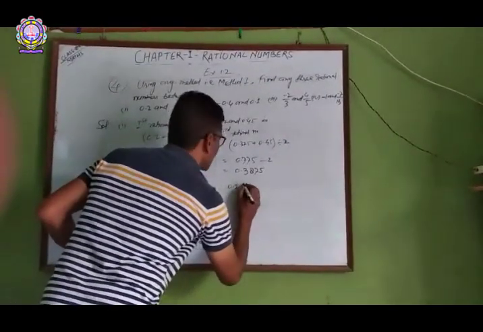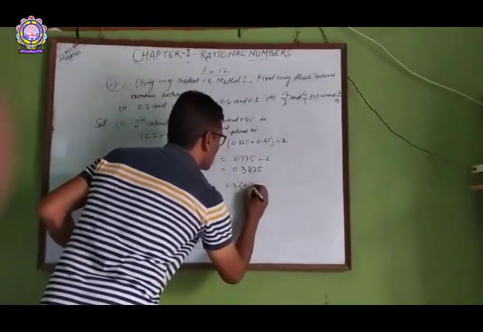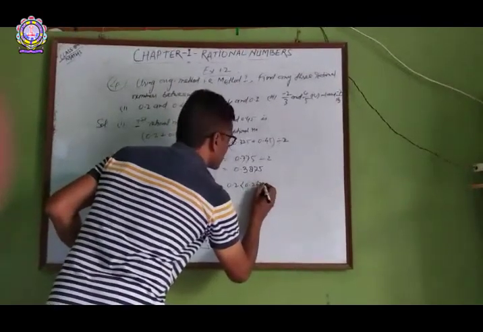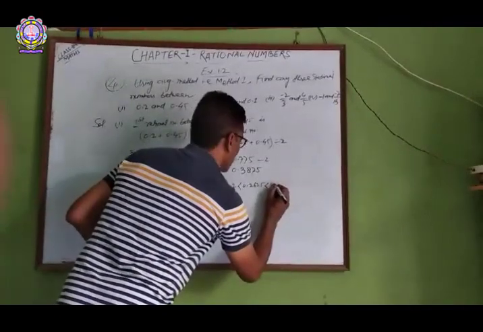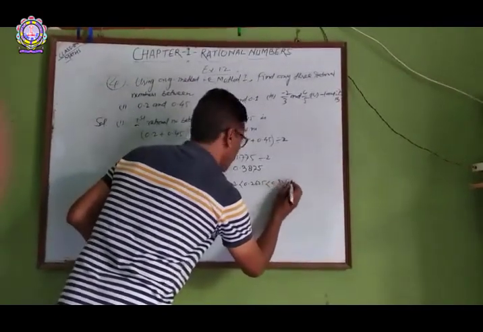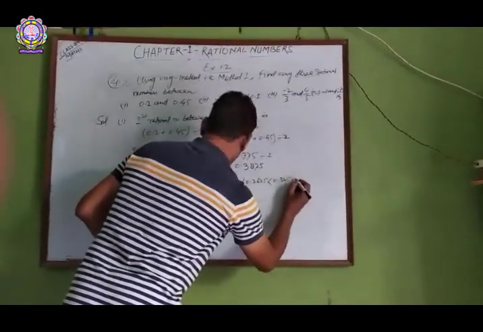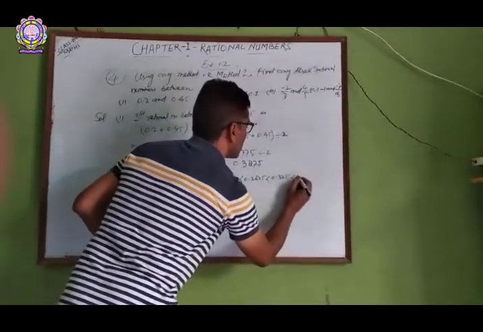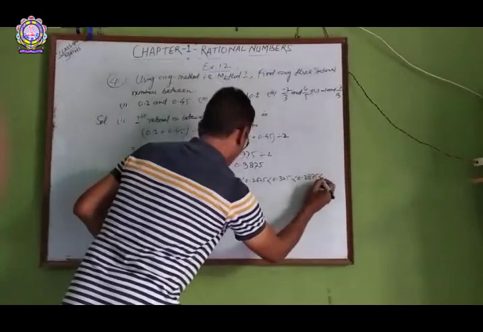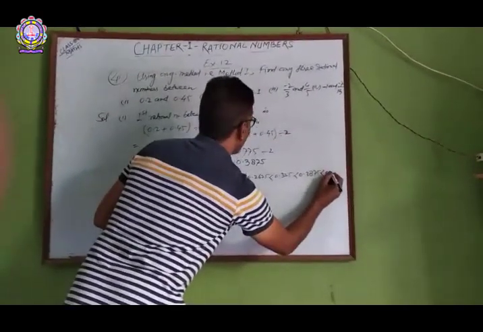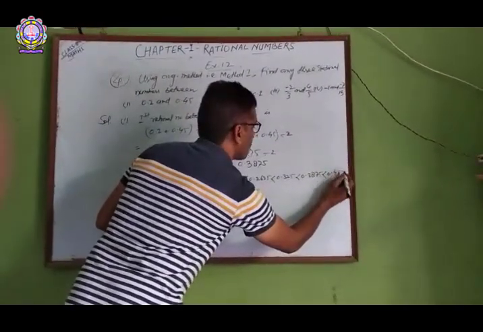This can be written as 0.2 is less than 0.2625 is less than 0.325 is less than 0.3875 is less than 0.45.